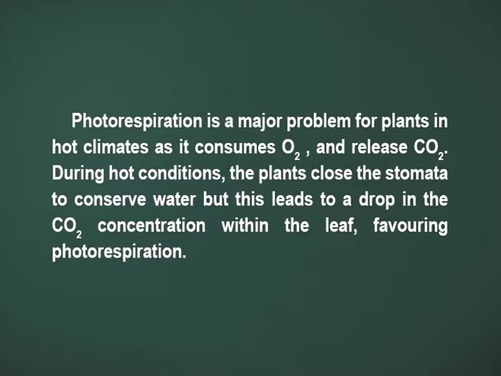Photorespiration is a major problem for plants in hot climates as it consumes oxygen and releases carbon dioxide. During hot conditions, the plants close the stomata to conserve water, but this leads to a drop in the carbon dioxide concentration within the leaf, favoring photorespiration.